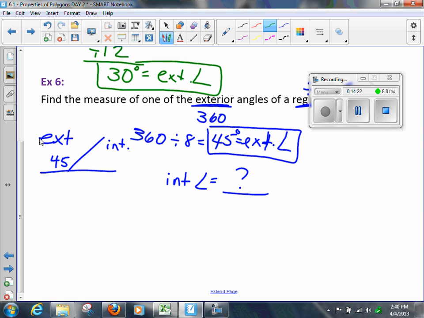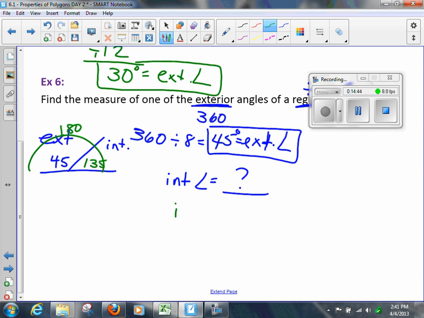Folks, you know in your inner core that a linear pair totals how much? 180. Y'all know that. So if my exterior angle is 45, what does the interior angle have to be? It's 180 minus 45, which is 135, right?